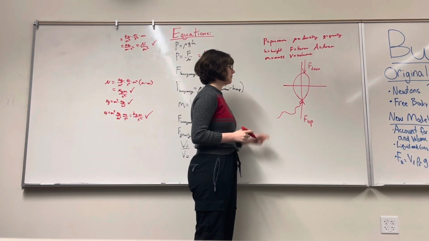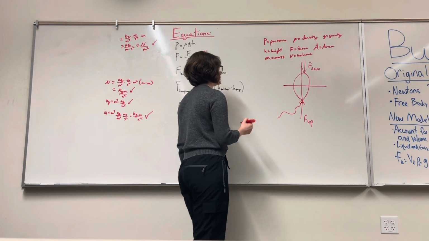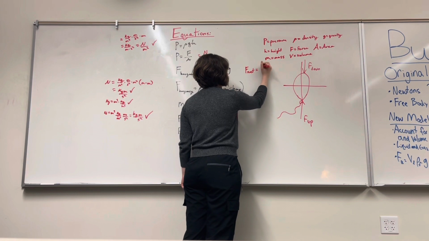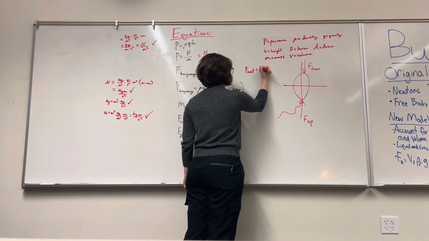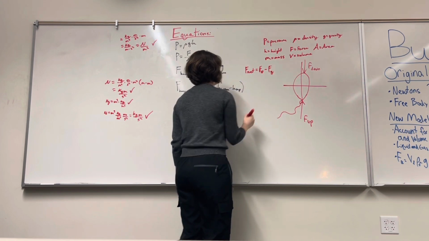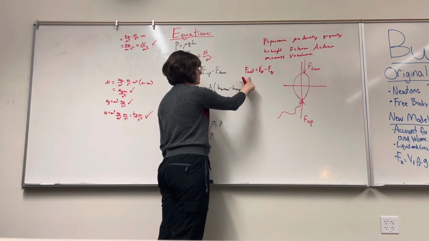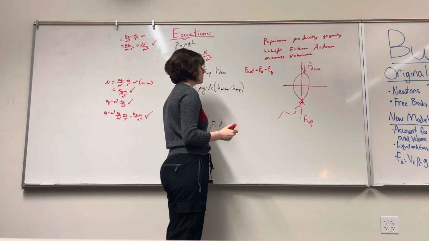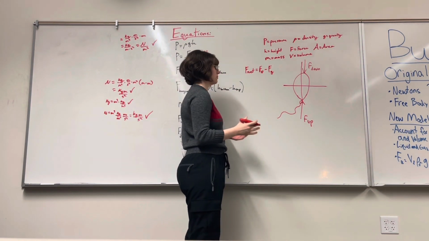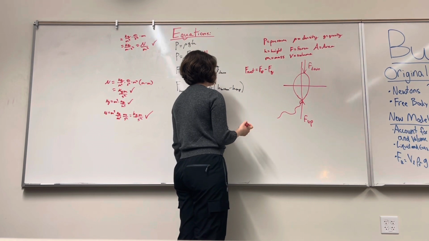Okay, so we have this balloon, and in this situation, we can use the equation F net equals F of buoyancy minus F of gravity. If F net is 0, then that means it's stationary, because we know that all the forces even out, there's no acceleration in the system.